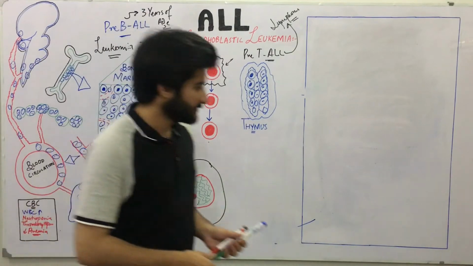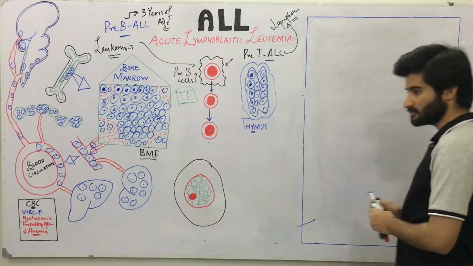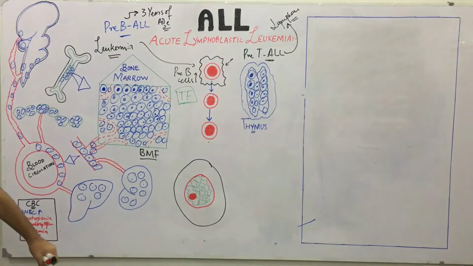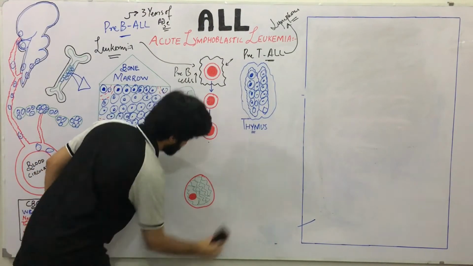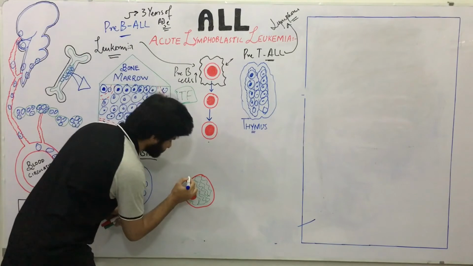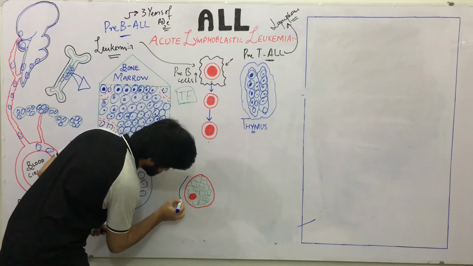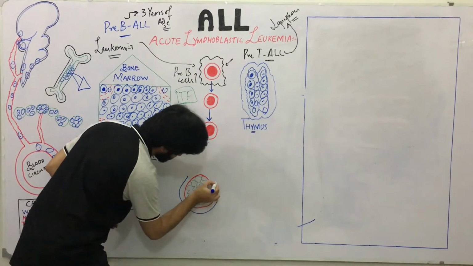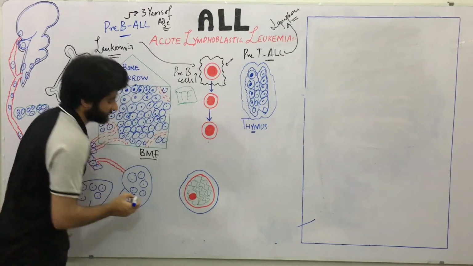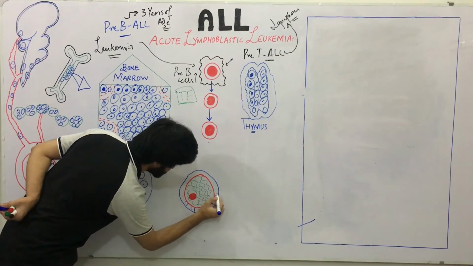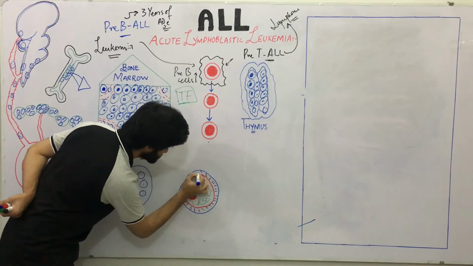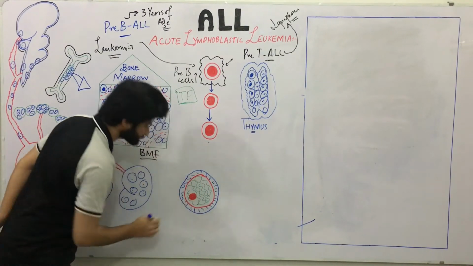The cytoplasm is scanty, a scanty basophilic cytoplasm that will stain blue in color.